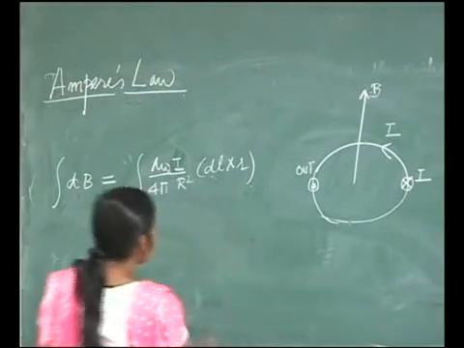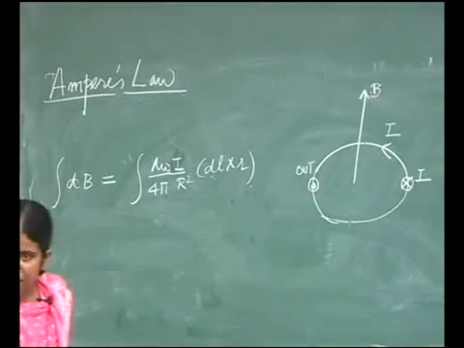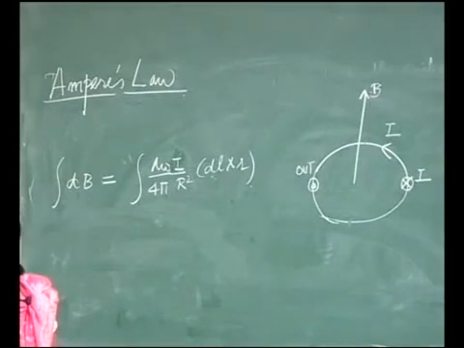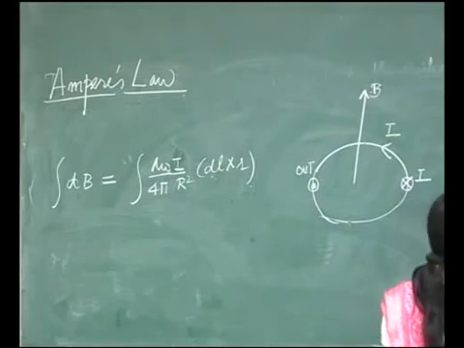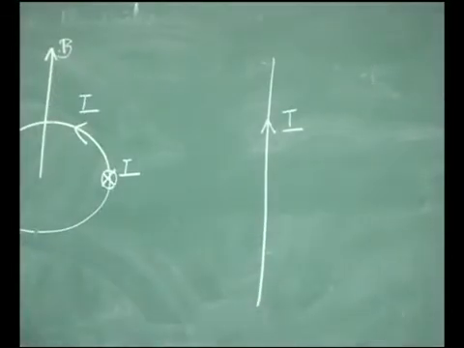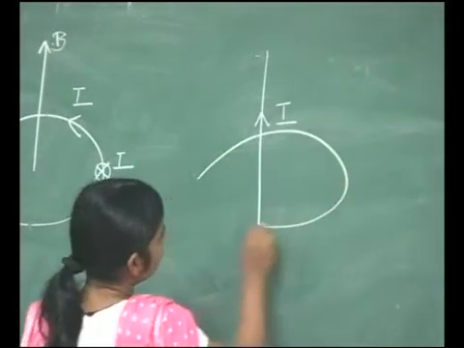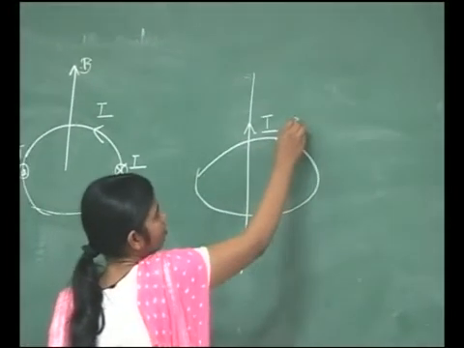So on the other hand, this was the one where my current carrying conductor was circular. But if I have a current carrying conductor like this, then I say that my magnetic field is like this. Okay. So the magnetic field will be like this, B.